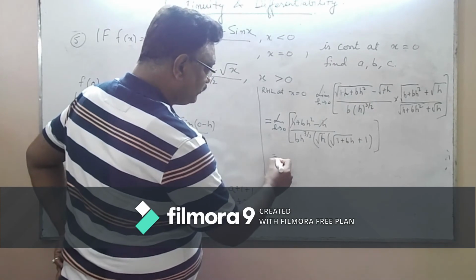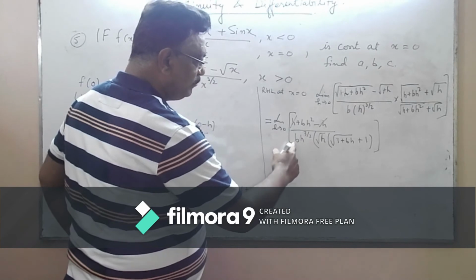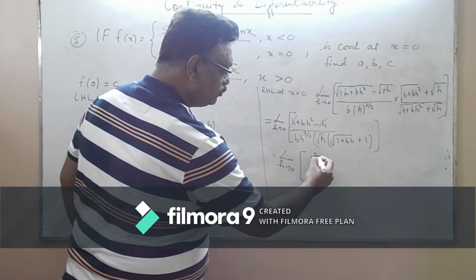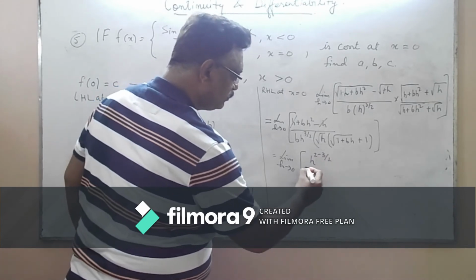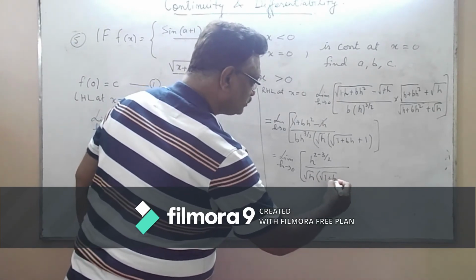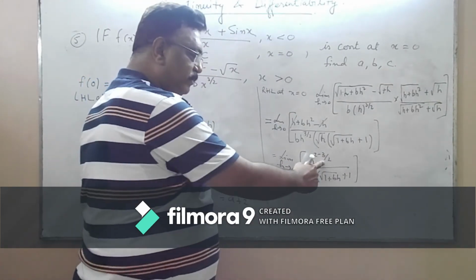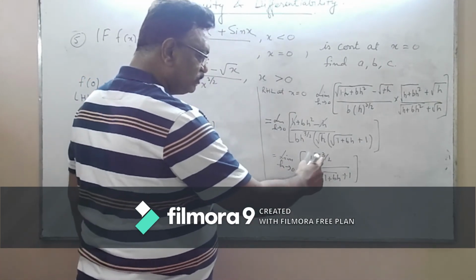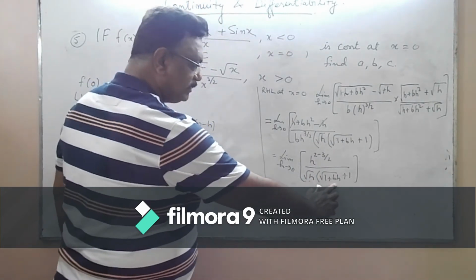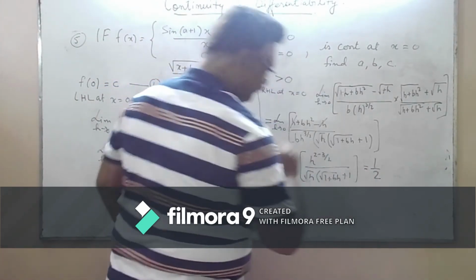Now simplifying it further, limit h tending to 0, this b and b will also get cancelled, and h raised to 2 minus 3 by 2 upon root h, and this is root of 1 plus bh plus 1. So this 2 minus 3 by 2 becomes 4 minus 3, half. So this value and this root h will also get cancelled. We apply the limit over here, h tending to 0, and the result will be half.